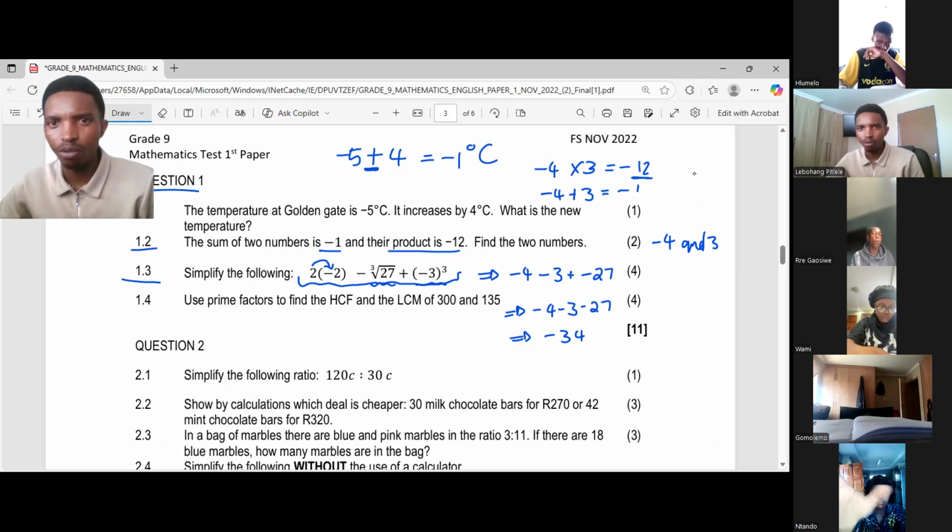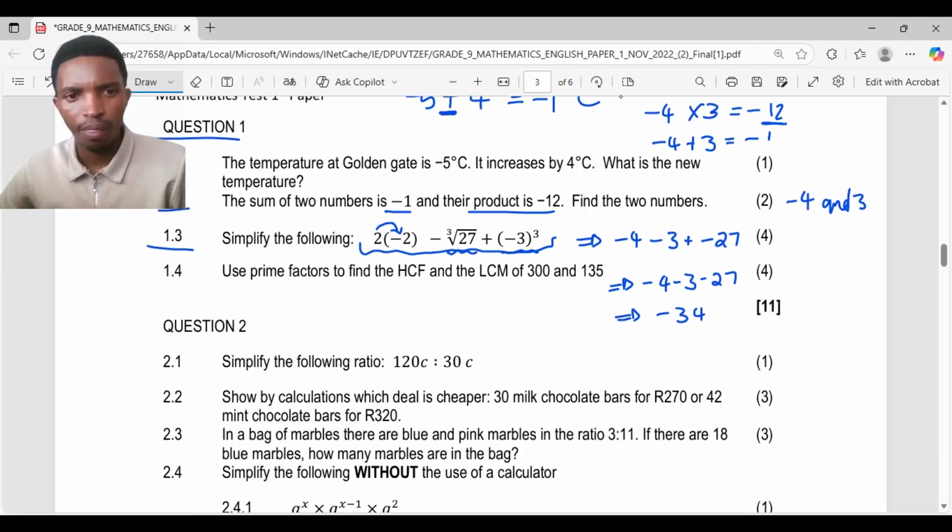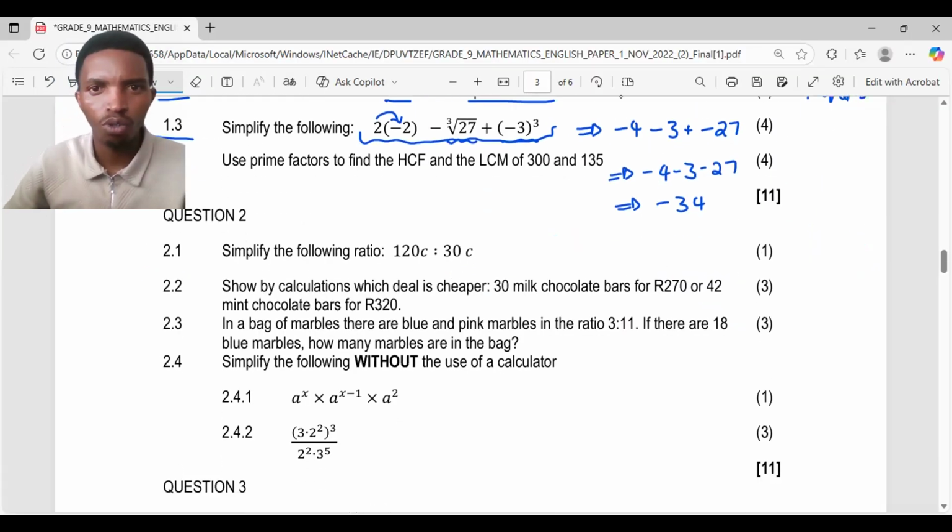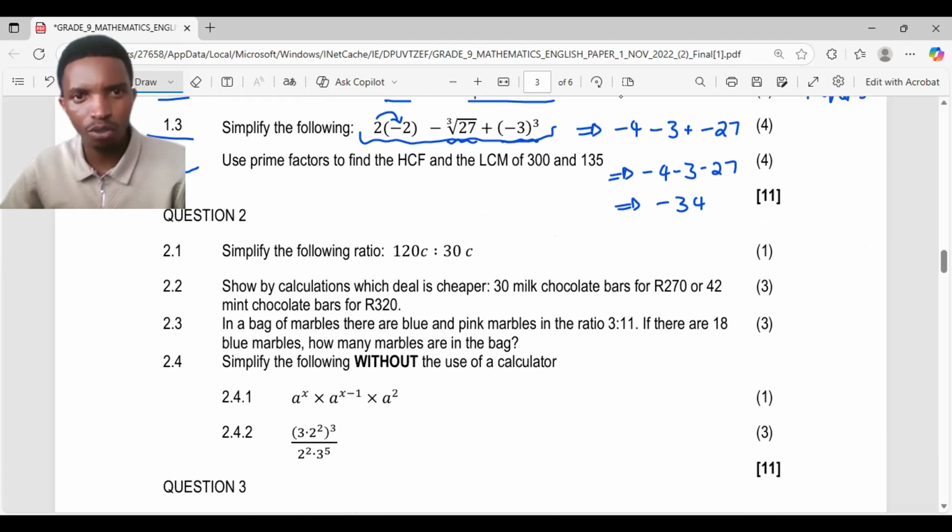Okay, let's continue. And then for question 1.4, they're saying we should use prime factors to find the HCF and LCM of 300 and 135. So now we know 300. How much is 300 when you put it in the calculator?